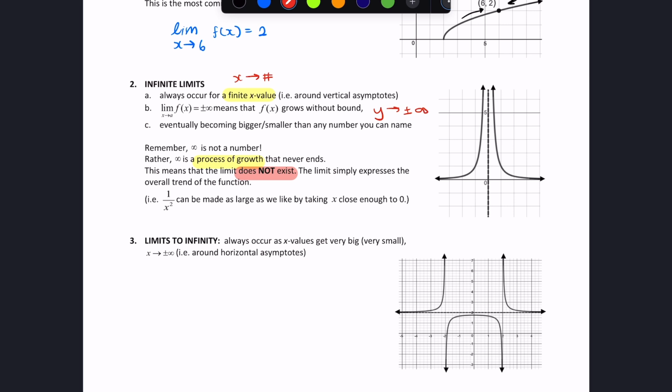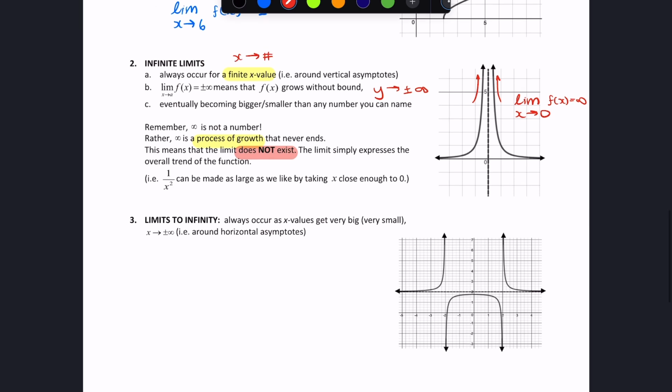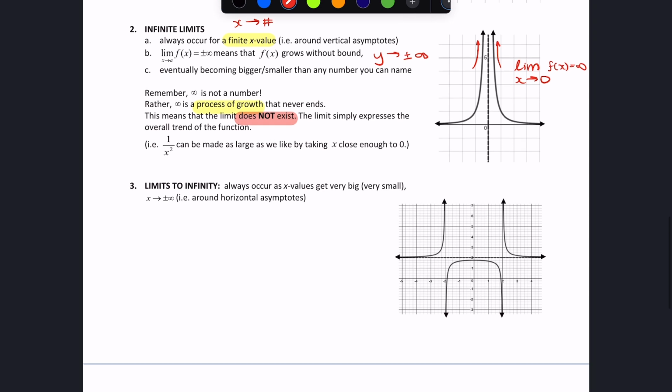So here we can write the limit as x approaches 0 of this function f of x is equal to infinity. So see, as it goes from the right side and the left side, it goes to positive infinity. However, it gets really, really close to 0, but never actually touches 0 here. So again, that's the tendency or the trend that it's going to.